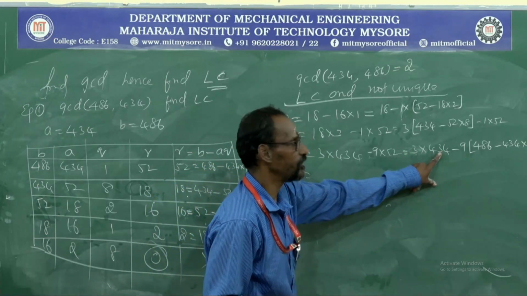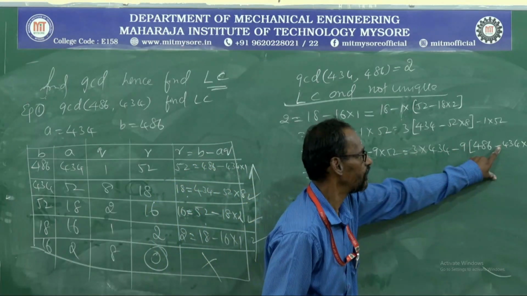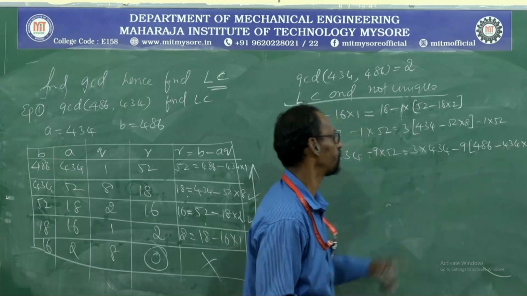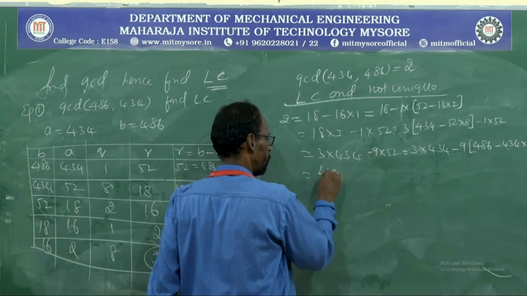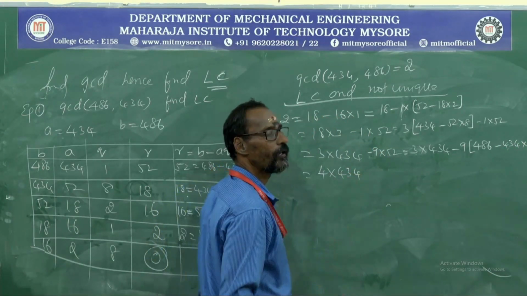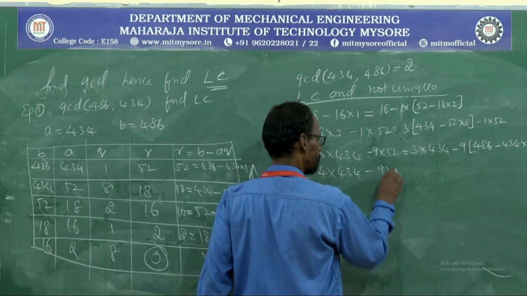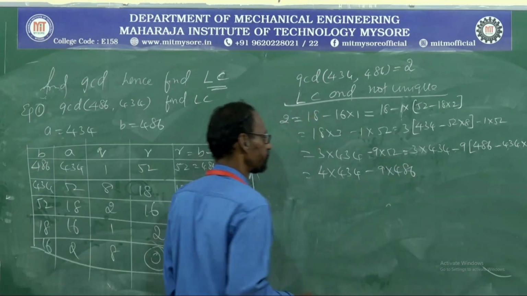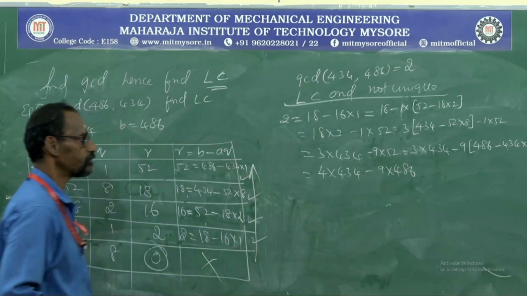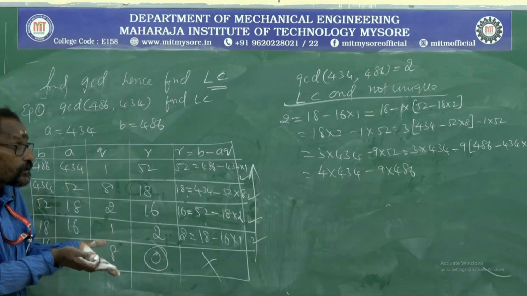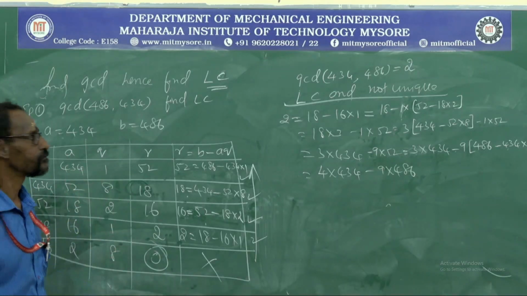Now 3 into 434 minus into minus plus 1 into 434. We can write 4 times 434 minus 9 times 486. Now back substitution, reverse process stops.